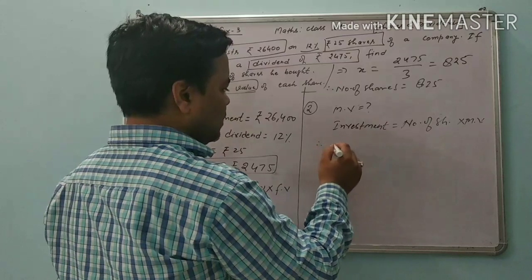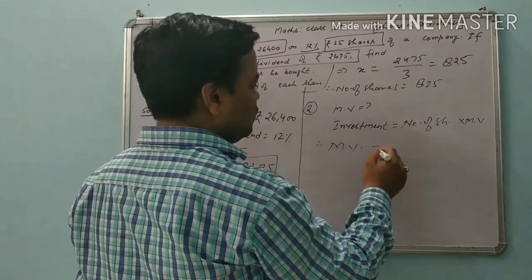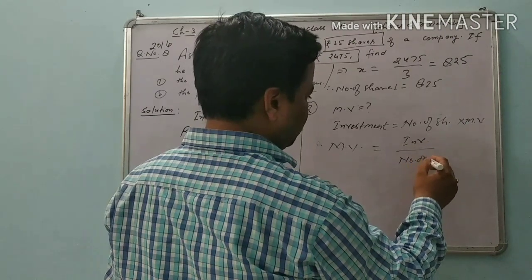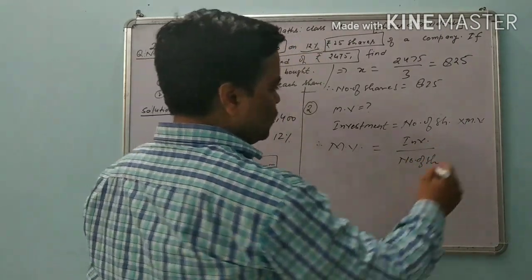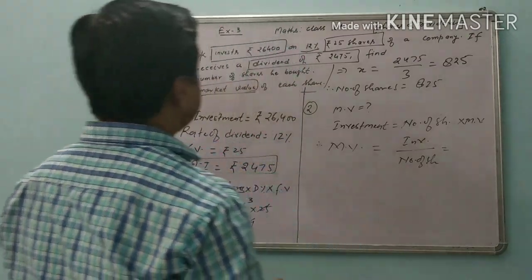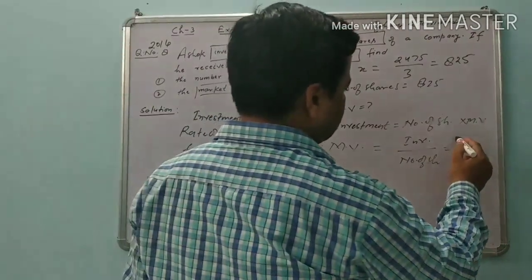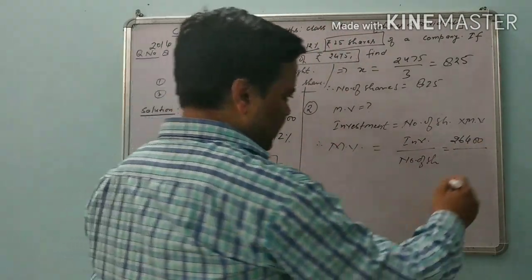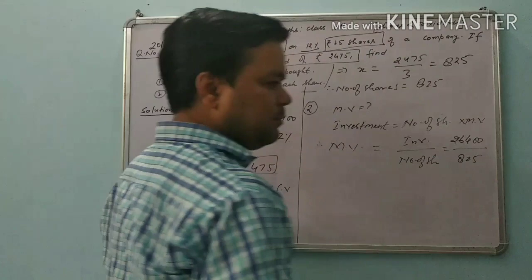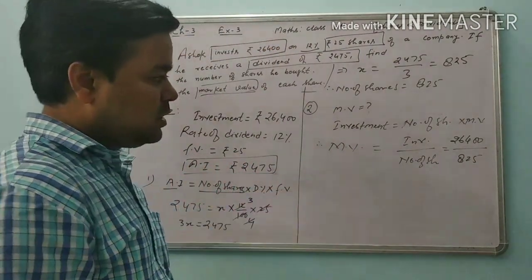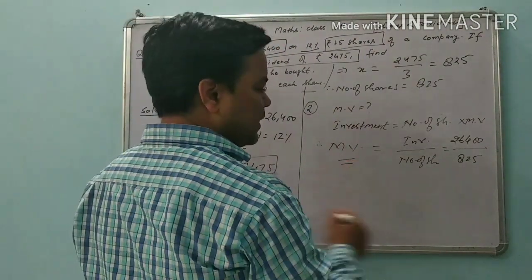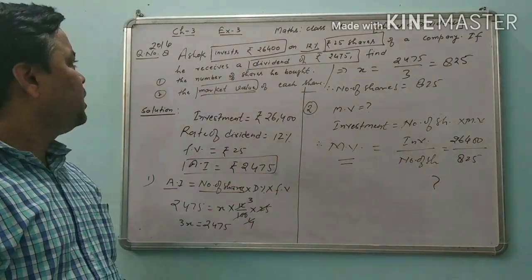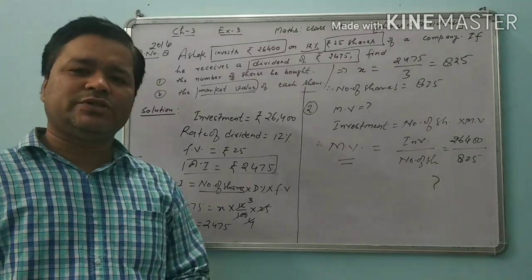Therefore, market value is equal to investment upon number of shares. The investment is 26,400 rupees, divided by the number of shares, that is 825. Now I will not solve this; this is your work. You find the market value. In this way we can solve question number 8, asked in 2016.